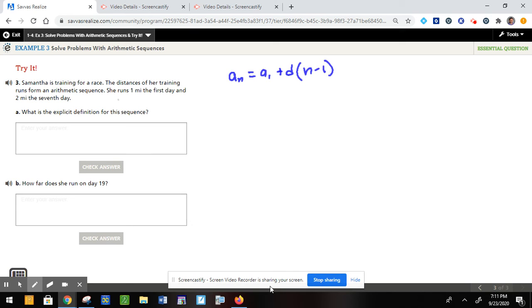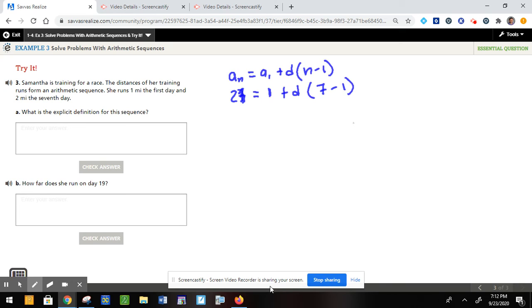In this case, the first day, she runs 1 mile, okay? On the 7th day, so we're going to say that's that number, she runs 2 miles. Sorry, the 2 should go there. And then it's plus the common difference that we're solving for. 7 goes in for n.